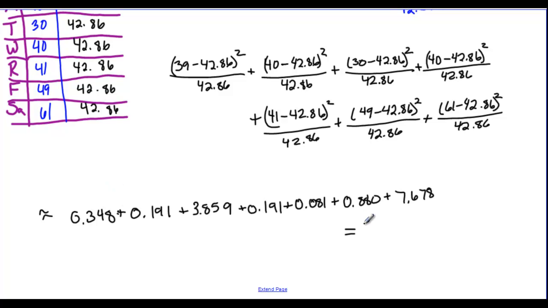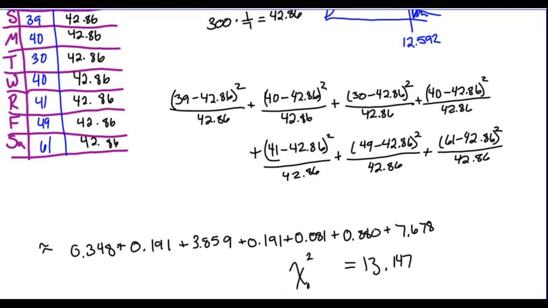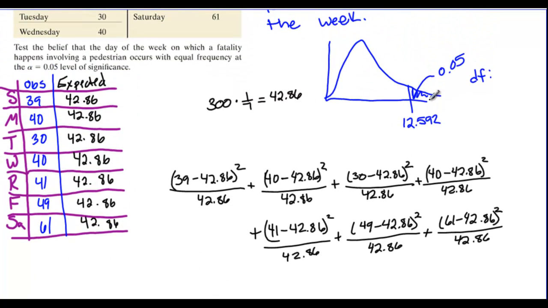This is going to give us about 13.147. So this is our chi-squared test statistic of 13.147. So we're going to come back up here. Indeed, we're going to be over here in that critical region, with 13.147.